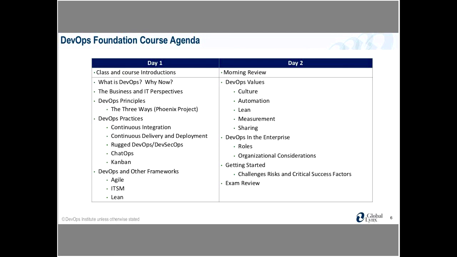I mentioned earlier that DevOps goes beyond Dev and Ops and that it includes the business. So we're going to look at the business and the IT perspectives. And then we'll conclude today by talking about the DevOps principles and introducing them. They are known as the three ways, which comes from a business novel called The Phoenix Project. And we'll be talking about that as we go along.